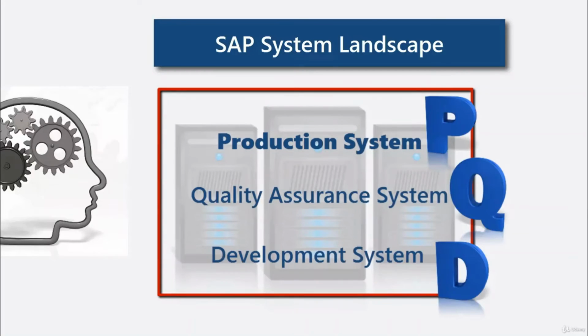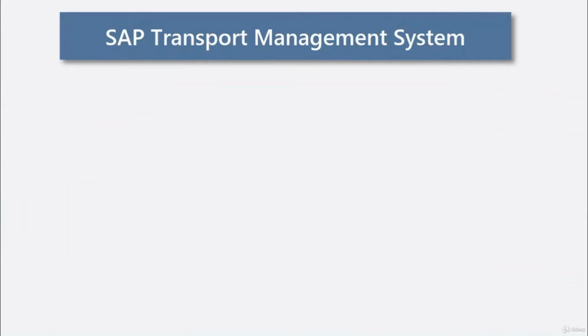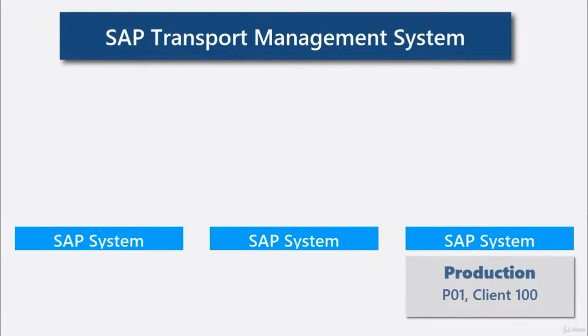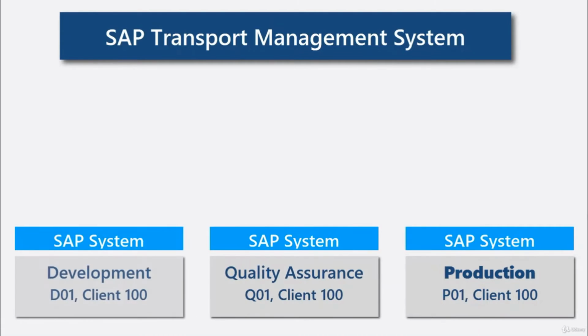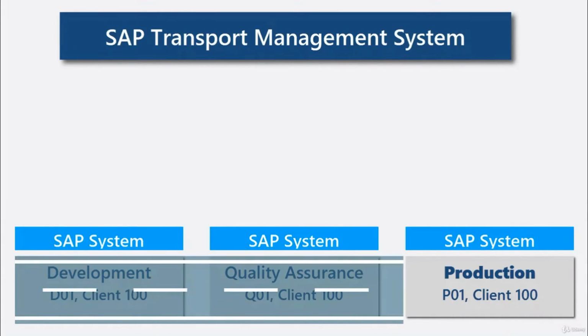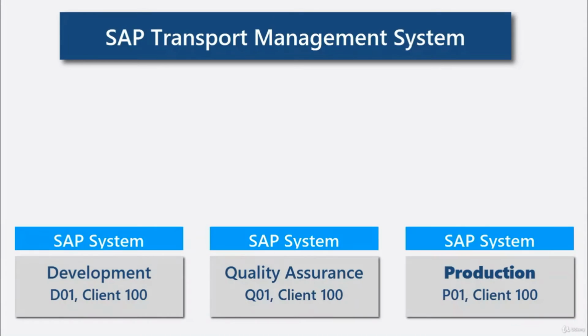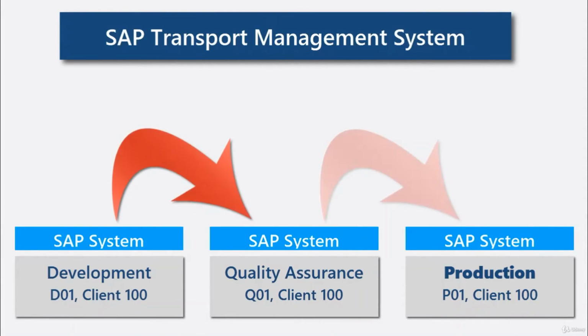Now you're ready for SAP's transport management system. Because all three systems, P, Q, and D, are self-contained systems, it is necessary that they somehow can communicate with each other. How could you otherwise transfer the system changes? SAP provides a special tool which enables a step-by-step transfer of changes from one system into another.